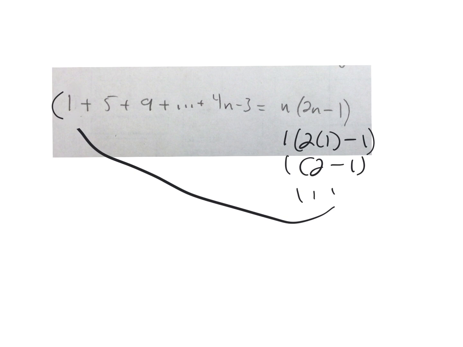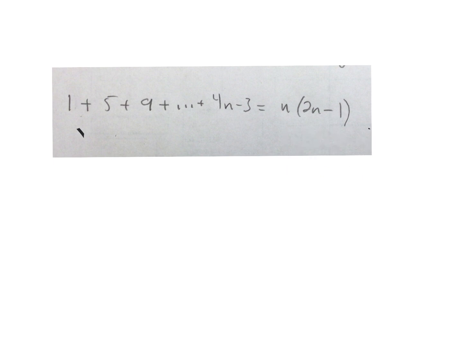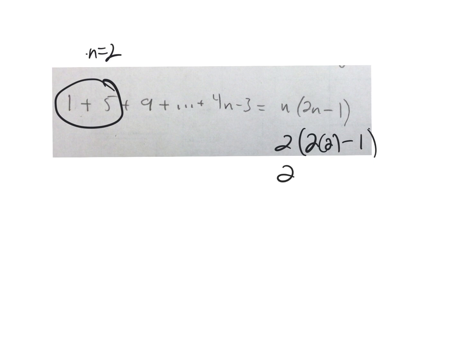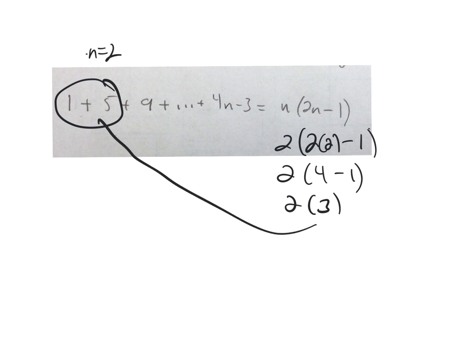Here, let me erase this. The second sum will be 6, right? So that's n equals 2. So we substitute 2 times 2 times 2 minus 1. Well, that's 2 times 4 minus 1, which is 2 times 3, which, yes, is 6. So it works for the second sum.